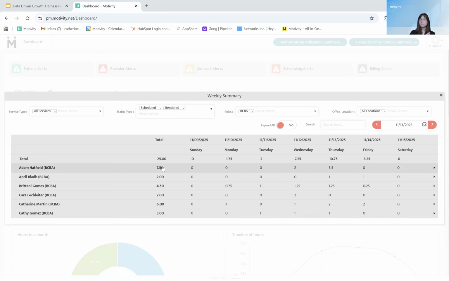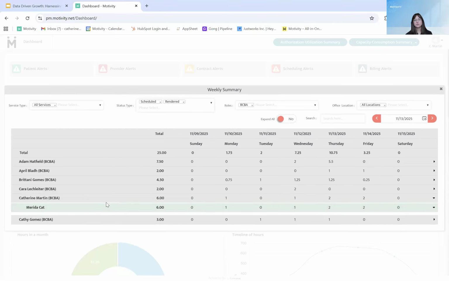Alternatively, if you have RBTs where you cannot schedule them over a certain amount, maybe they're a part-time RBT and you want to make sure they're not being scheduled maybe over 35 hours as an example, you can quickly see what the total is across technicians. In this case, we're looking at BCBAs, an example of the utility for an RBT. As I start to open this information, I'm able to see what patients they're scheduled for.